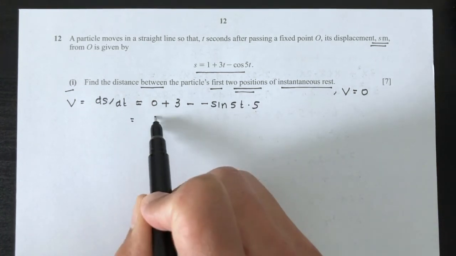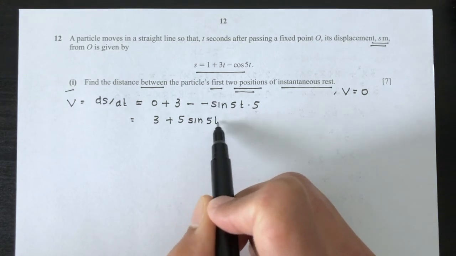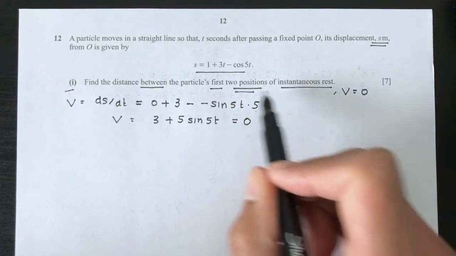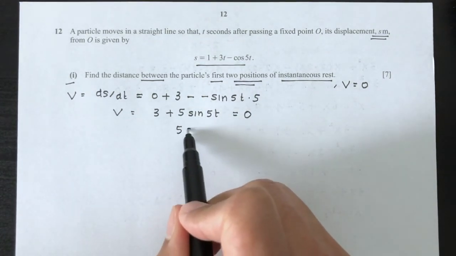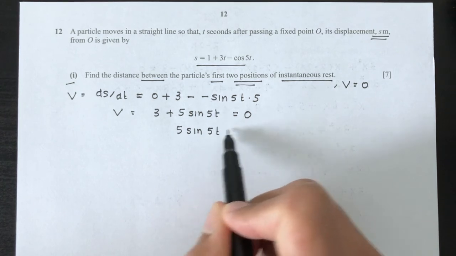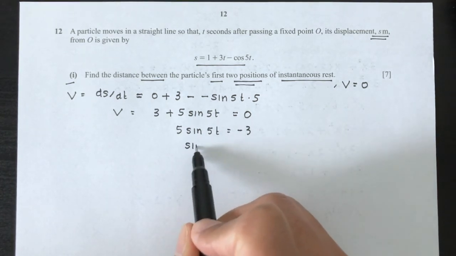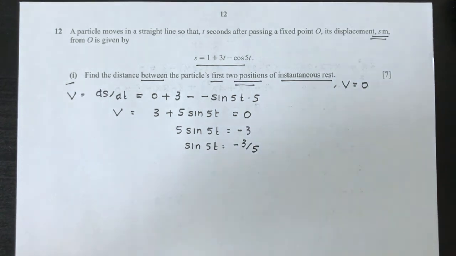So that will give you 3 plus 5 sine 5t. That is v, and we equate it to 0 because we need to find the point where it is at rest. So you have 5 sine 5t equal to minus 3. So sine 5t has to equal minus 3 over 5.